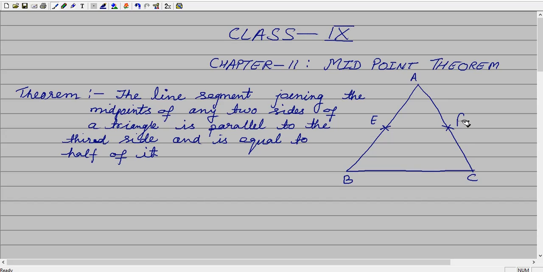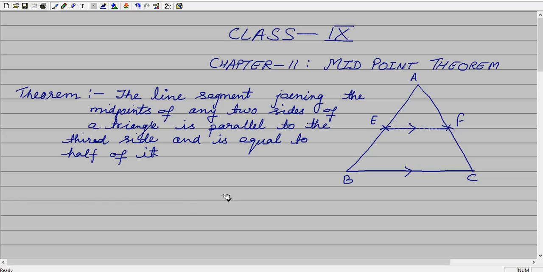According to the statement, if you join the midpoints of the two sides, that is always parallel to the third side, and half of it.